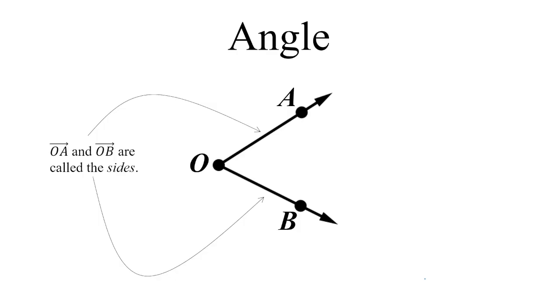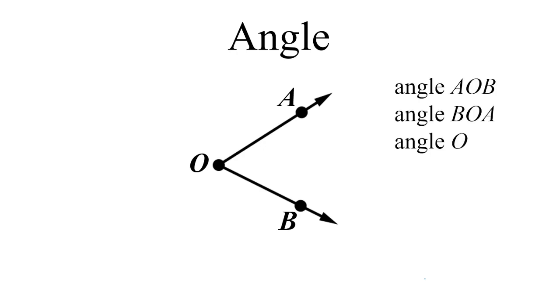Now, there are actually 2 ways you can name an angle. Angles can be named with 3 letters just as long as the name of the vertex is in the middle. Therefore, angle AOB or angle BOA. Angles can also be named after its vertex.